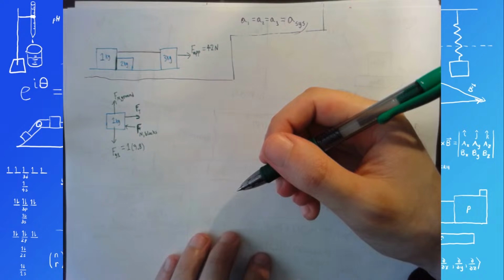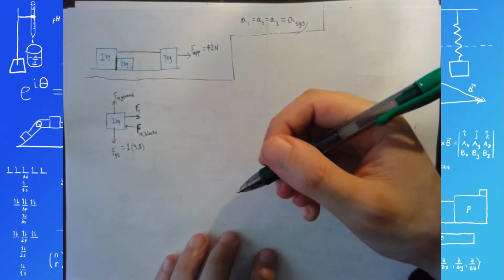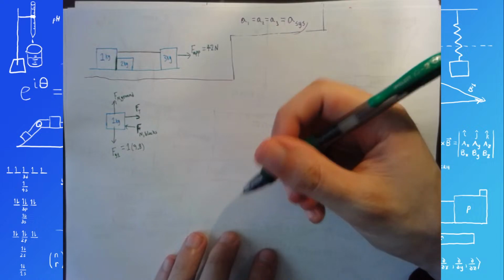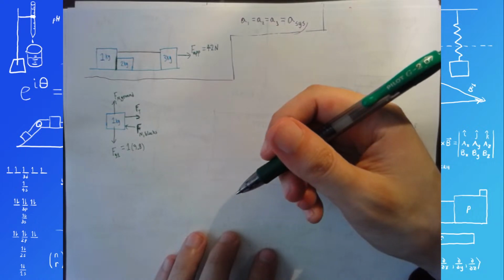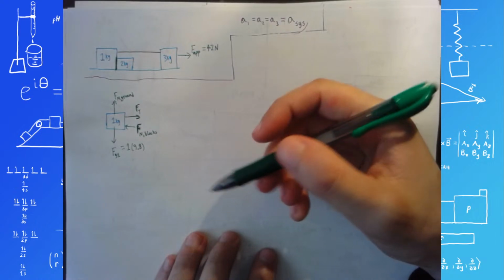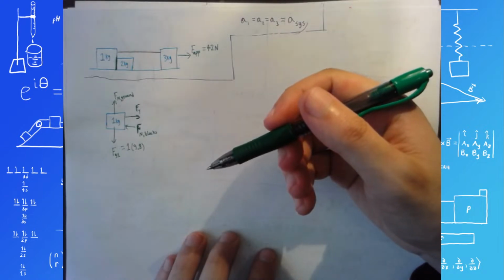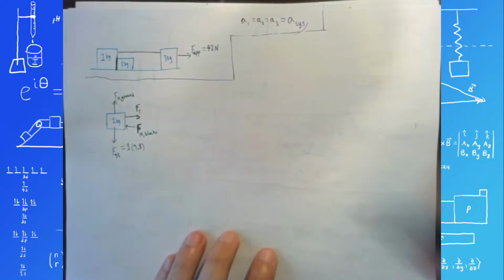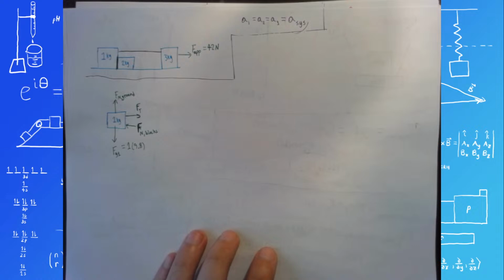They did say that the surface is frictionless, so there shouldn't be any friction here. If there was, it would have to be to the left because the only reasonable assumption here is that the 1 kilogram block and actually the whole system would accelerate to the right.